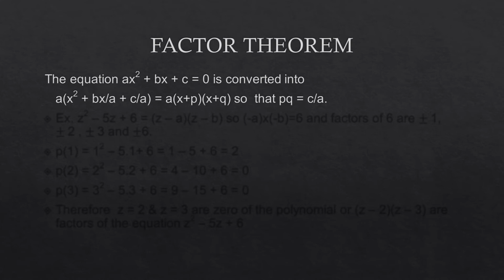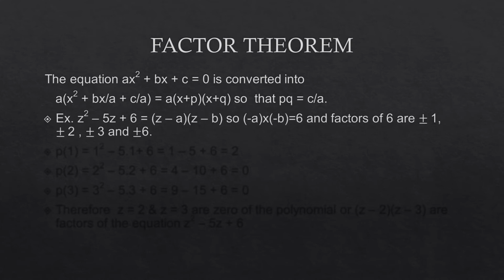We take a outside, then this becomes equal to a into x plus p into x plus q, where p and q are actually the roots or the zeros of the polynomial, and since p and q don't have any variable attached to them, p into q is equal to c by a. That is the constant term. Now this will be more clear once I take the example.